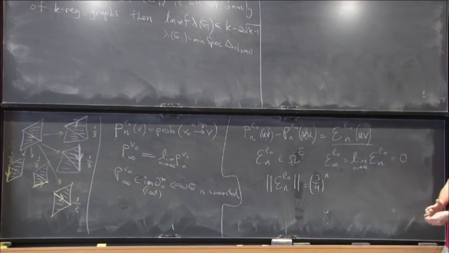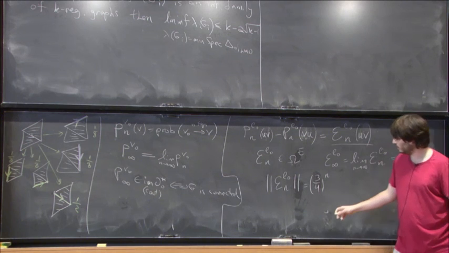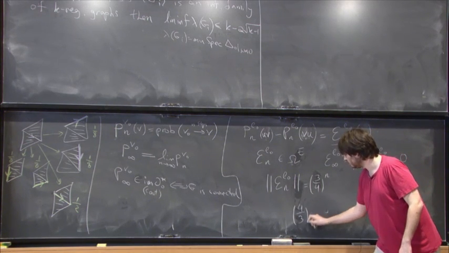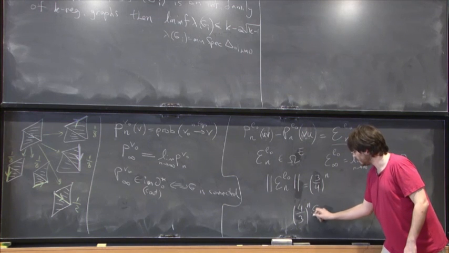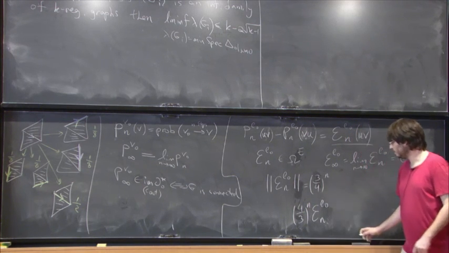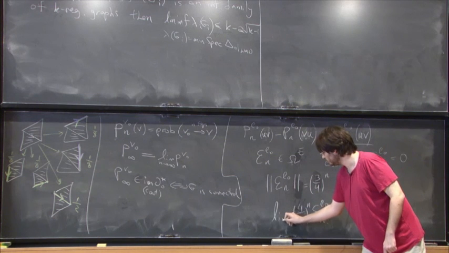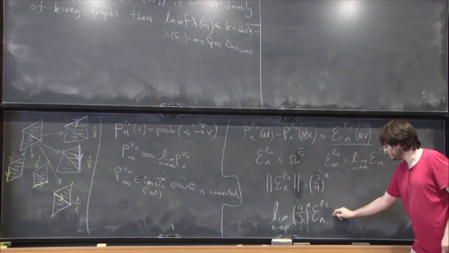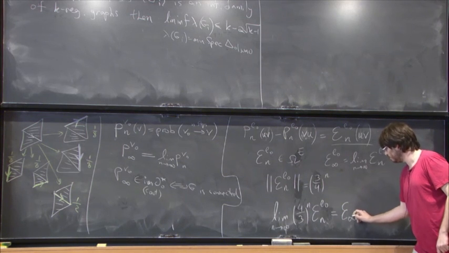And it means that I would say I need to blow it up to see what really happened. So what I'm going to look at is (4/3)^n times the expectation at time n, and I look at the value at infinity. So this is what I really want to understand.